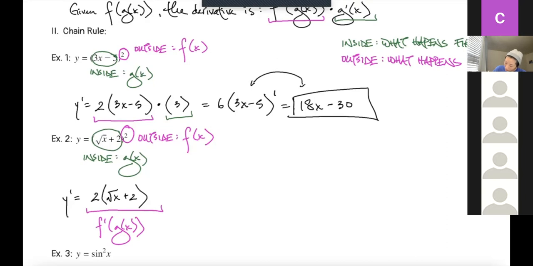Okay, now we're going to multiply by the derivative of the inside piece. So g prime of x, I only want the derivative of g. I'll give you a moment to maybe compute that.